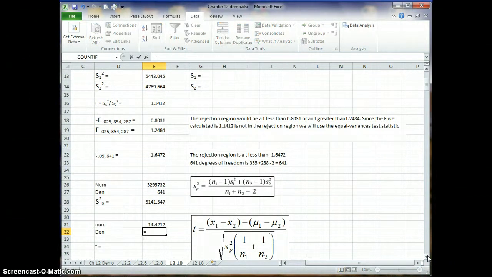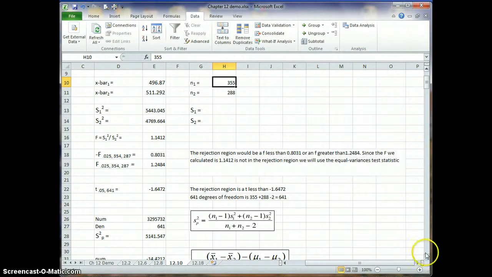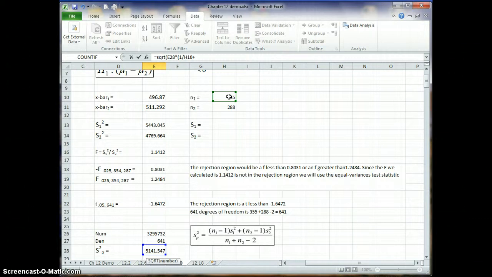And then for the denominator, it's equal to the square root of SP times 1 divided by n1 plus 1 divided by n2, 2 parentheses to close it, hit enter.